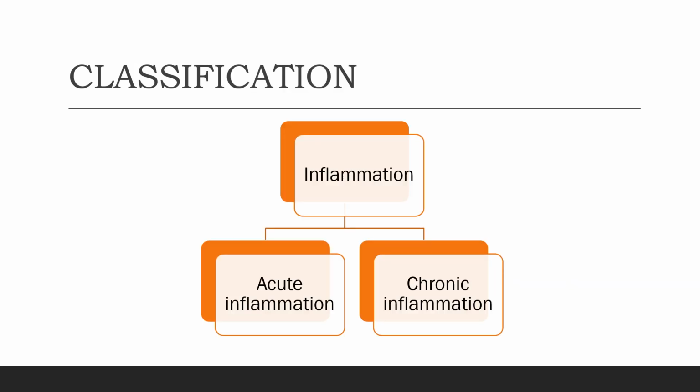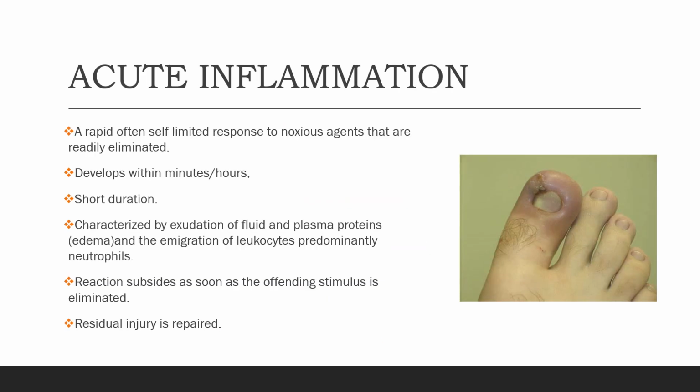Now, what are the classifications? Inflammation has two sorts of classification. One is acute inflammation, the other is chronic inflammation. So, what is acute inflammation? Acute inflammation isn't just based on the duration of the inflammation, but actually it is a rapid or often self-limited response to the noxious agent that is readily eliminated.